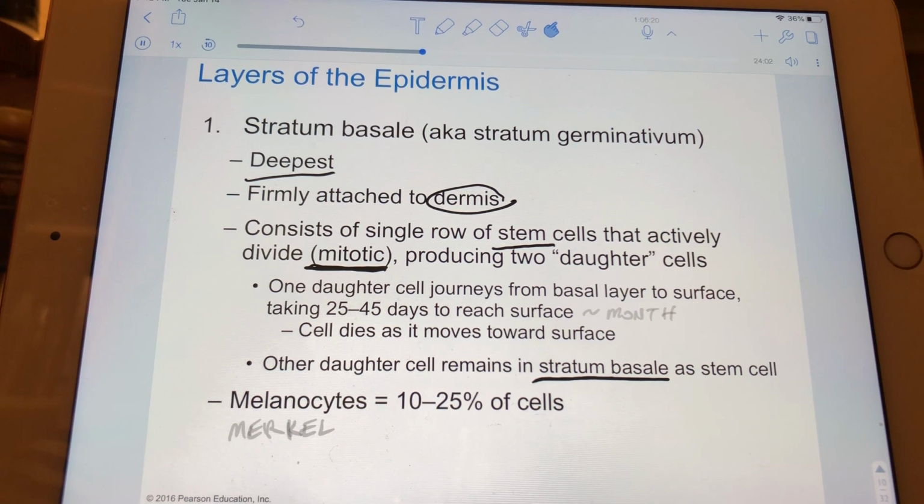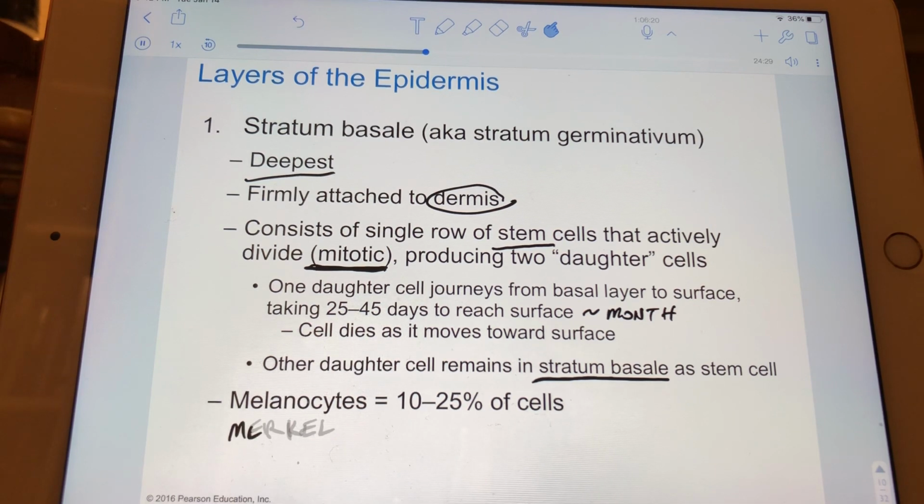And it takes about a month for that keratinocyte daughter that is going to proceed through the layers of the epidermis to get all the way from stratum basal to the apical most surface where it's actually shed, okay? Melanocytes, we expect to sort of interrupt stratum basal, or at least their bodies, okay?